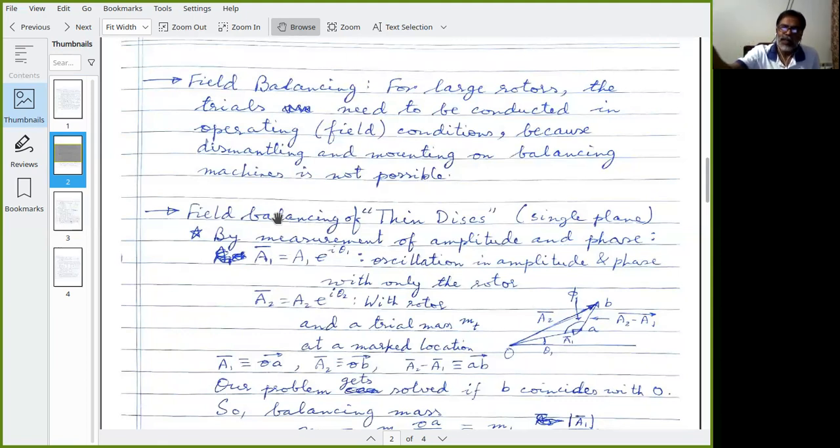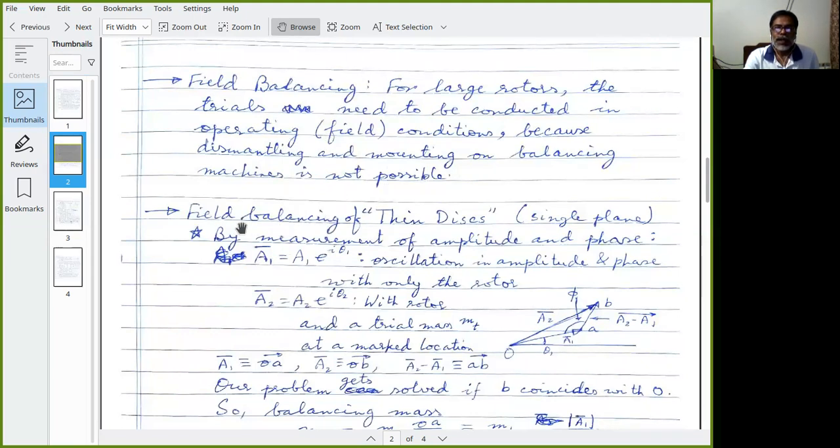You let the turbine be where it is, and you go there and balance it. That is, for large rotors, the trials need to be conducted in the operating conditions or field conditions. That's why it's called field balancing. Dismantling and mounting on balancing machines is ruled out.